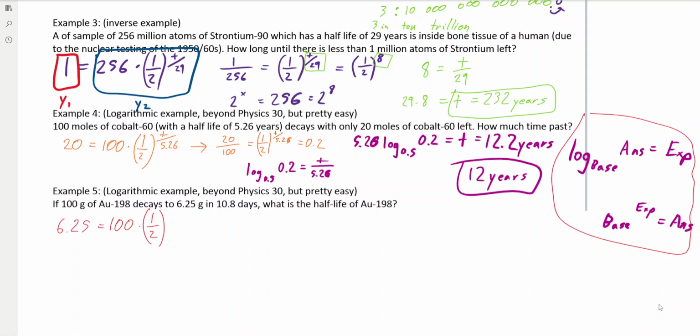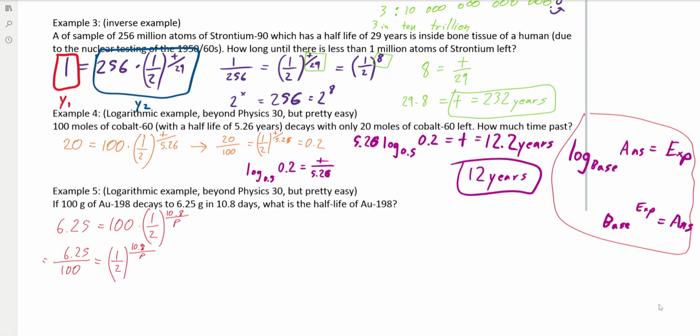So in this case, it's kind of telling us a different number. So we're looking for that period, that half-life period, which I'm calling P, but you could use a different letter. And we just have to slowly rearrange and solve. So 6.25 over 100 equals 1/2 to the exponent 10.8 over P. Okay, now we're going to rearrange it into the log base thing.